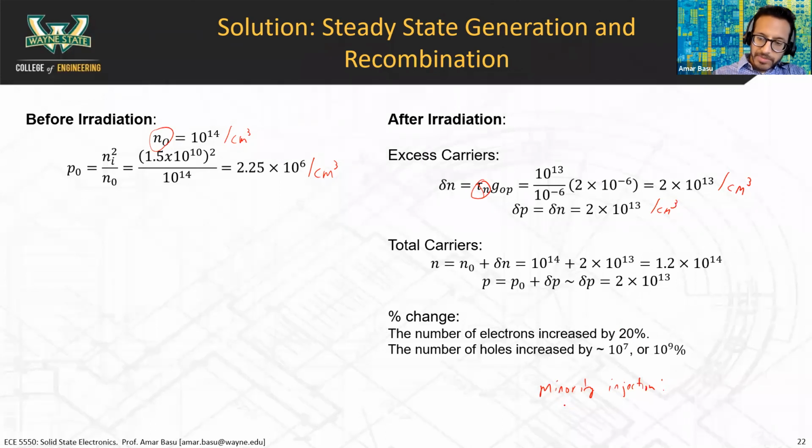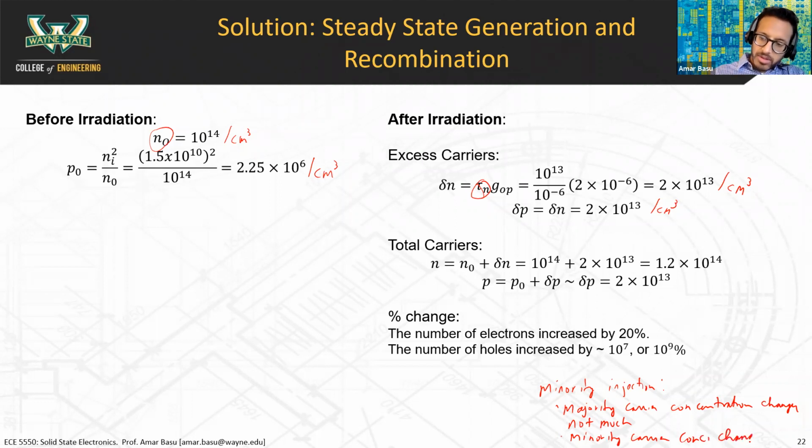Okay, this is where the majority carrier concentration changes not much, and the minority carrier concentration changes a lot.